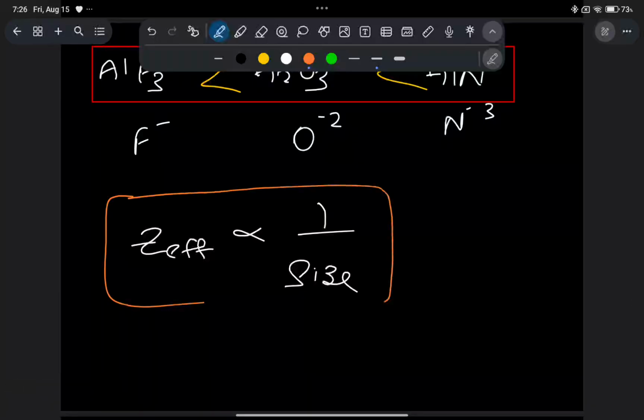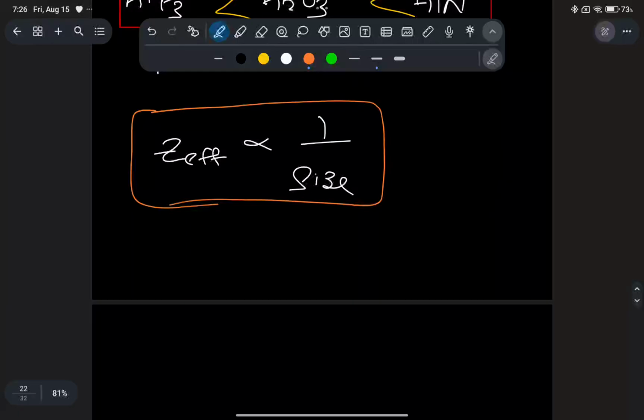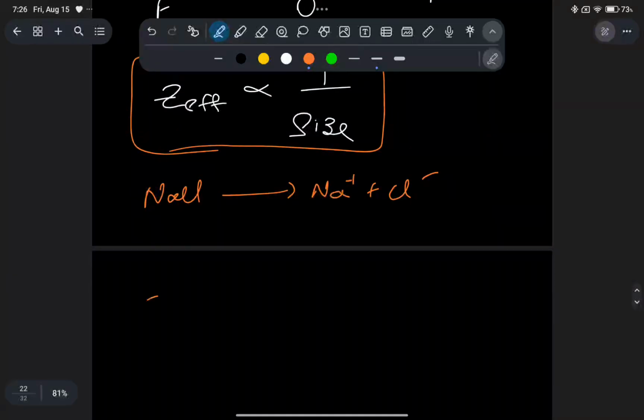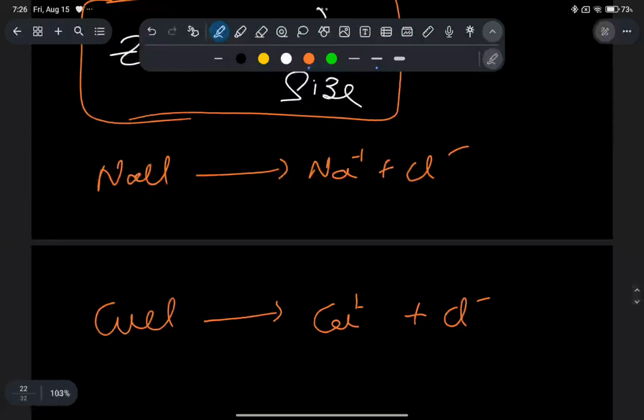If you see here, NaCl gives rise to Na plus and Cl minus, and CuCl gives rise to Cu plus and Cl minus. Sodium has a plus charge, and copper also has a plus charge.